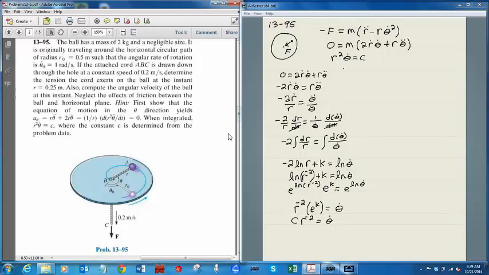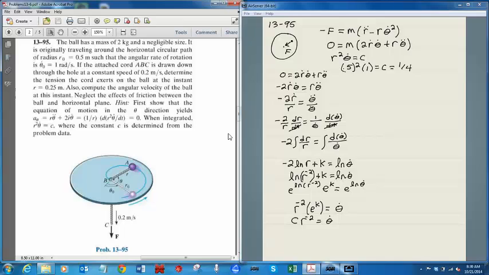Alright, so now we have that. What we're looking for is the force F. So in order to get F, we need the mass, which we're given, we need r double dot, we need r, and we need theta dot.